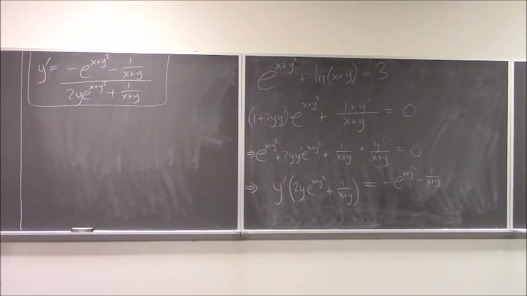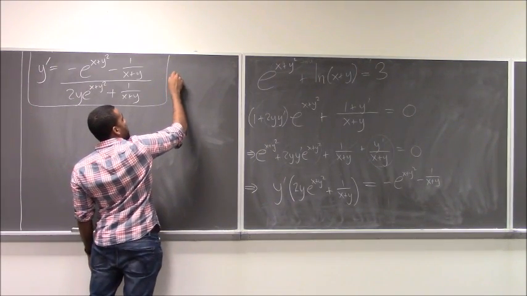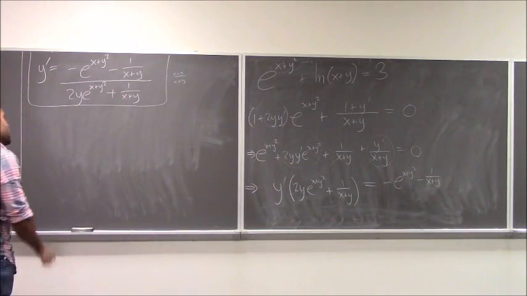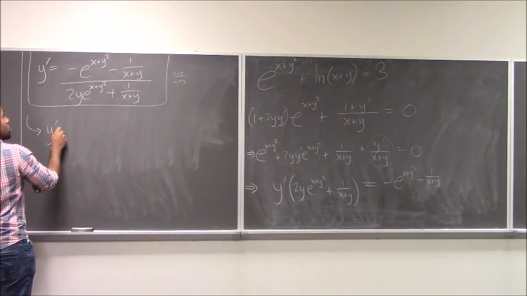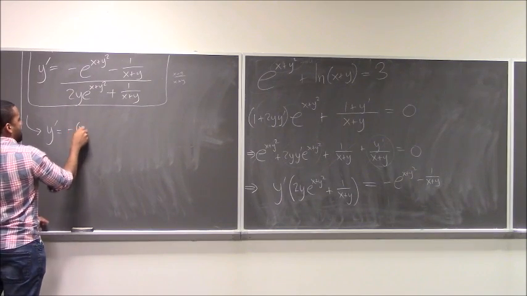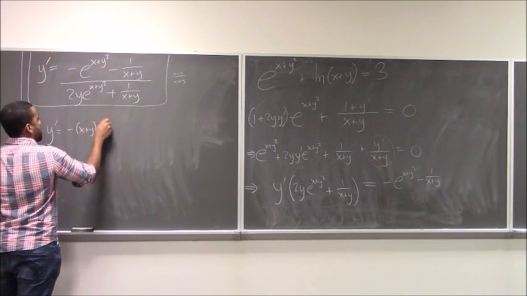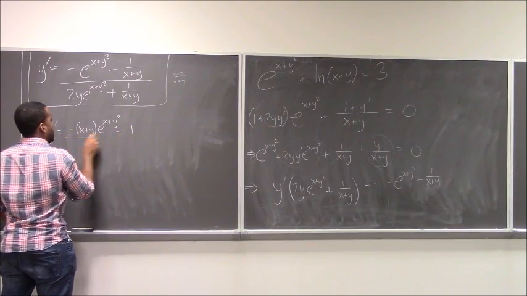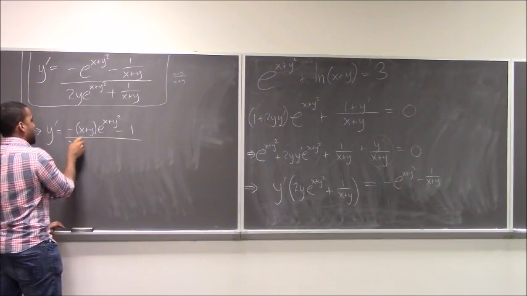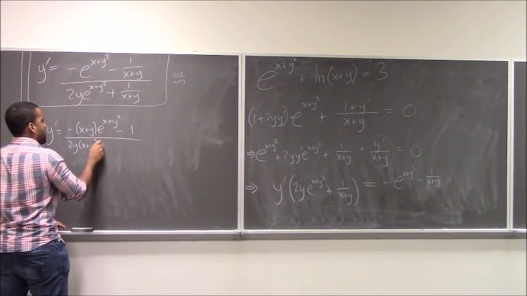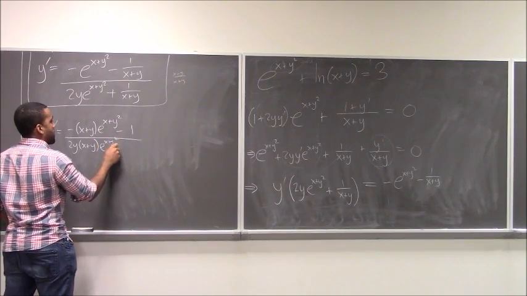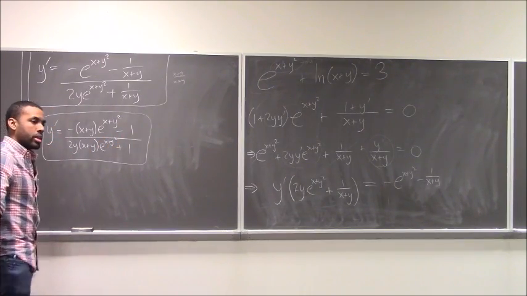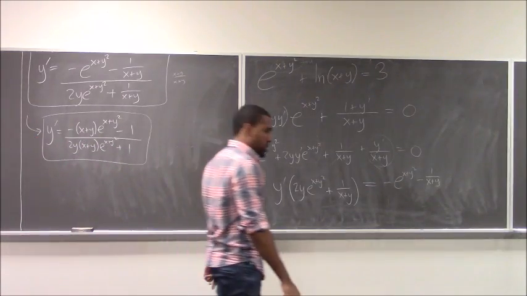It's a complex fraction, but you could easily simplify that by multiplying by x plus y over x plus y if you wanted to, and then that would just give you something a little nicer. Either one is excellent.